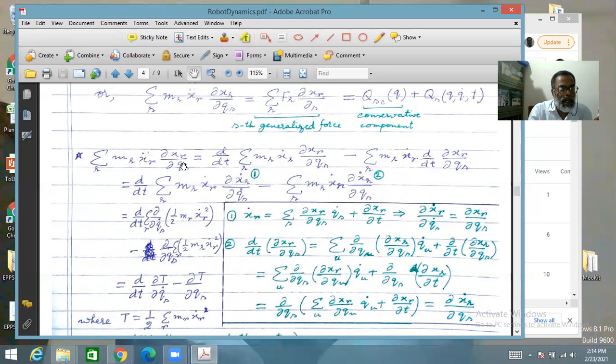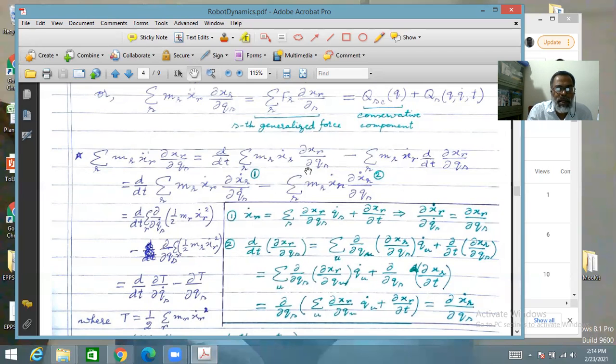The first part of the derivative takes care of the entire left hand side. The second part, which is mr xr dot times derivative of this, that we subtract to maintain the equation.